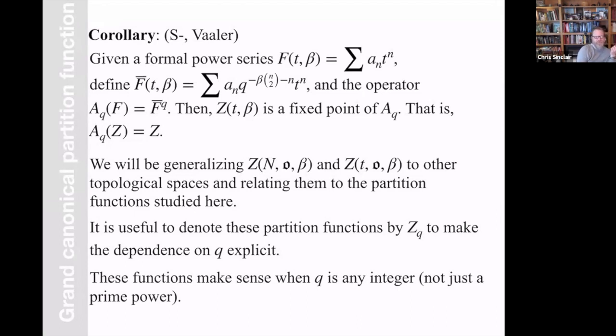But for any integer q, and the reason basically is you might complain and say, well, there's no such thing as the 6-adics. Well, but there kind of is. They're a group, not a ring, right? But you can still form the Haar measure on it with respect to addition. And so you can form these integrals over the 6-adics or the 9-adics or whatever integer-adics you want.